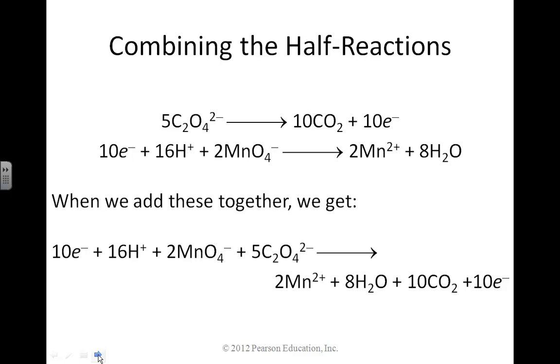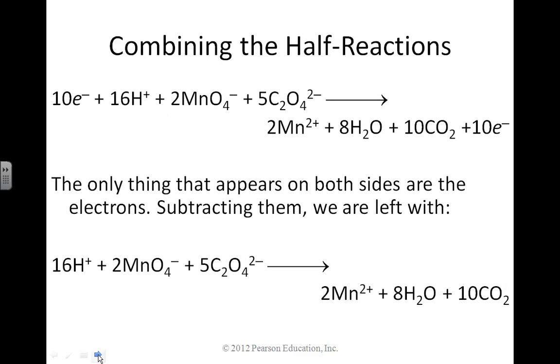So the electrons cancel out. There is some simplification, and you can see that when we reduce everything, we are left with this equation here.